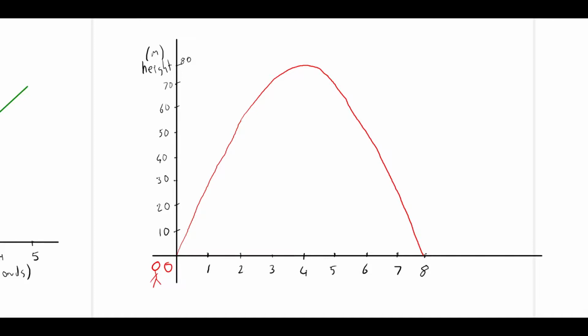When you start to throw it, it's going at its fastest speed. So it's traveling fast, and it starts to slow down as it rises. Slower, slower, slower. And then right here at this point, it's going to hang in the air for a second, and then it's going to start to fall down again.